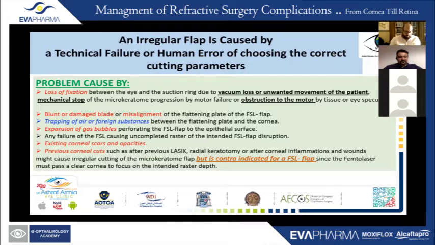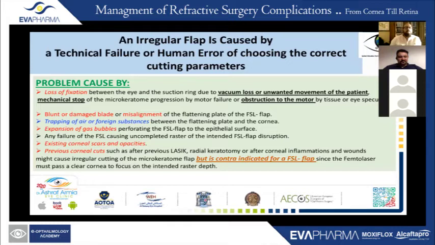Or there is an existing corneal scar and opacities, or previous corneal cuts, as in cases of previous LASIK, keratotomy, or corneal inflammation. But in these cases, a microkeratome is recommended and a femtolaser flap is contraindicated, because the femtolaser may pass into the clear cornea to focus on the intended raster depths.